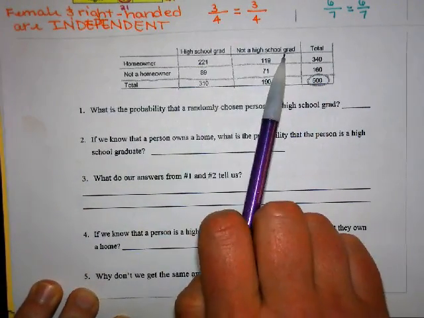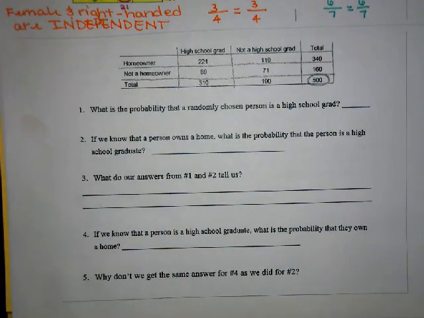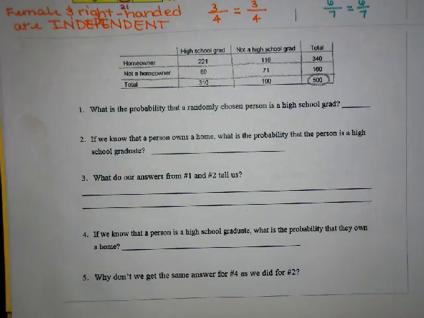So what is the probability that a randomly chosen person is a high school graduate? Somebody want to unmute, throw it in the chat. What's the probability from that table that a person graduated from high school? Thank you, Joanna.